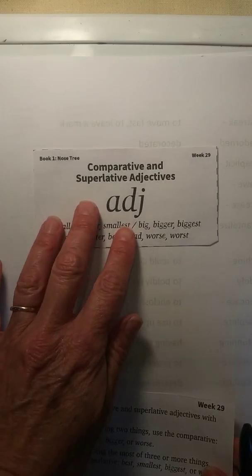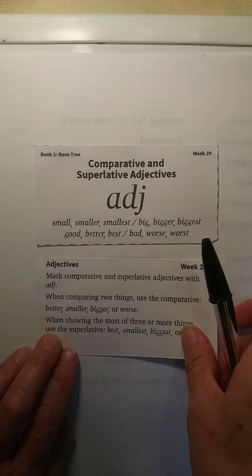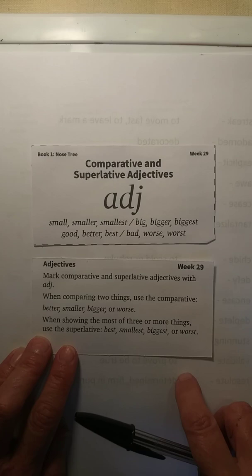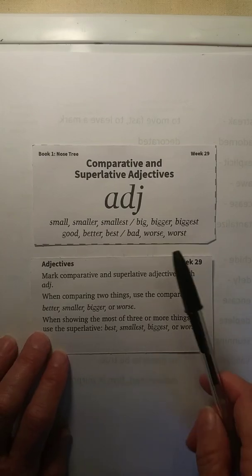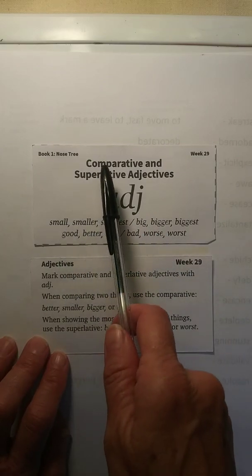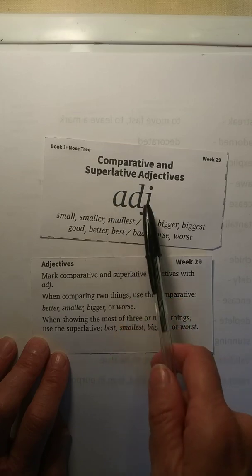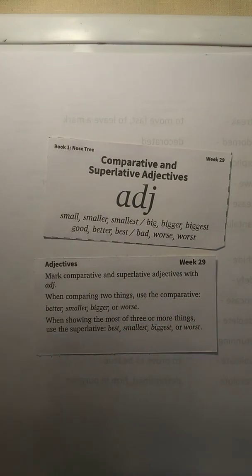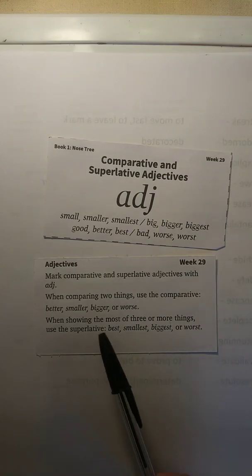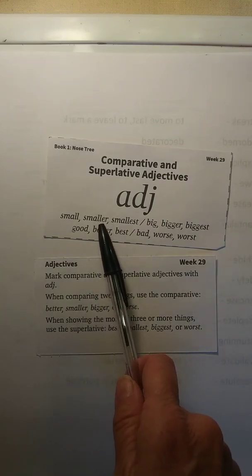Before we start the fix-it corrections, I want to look over your new cards with you that I would give you if I could see you. But these are the last cards that will be added to your pile, and they're talking about comparative and superlative adjectives. So when you compare two things, you're going to use an adjective with an ER at the end. Okay?